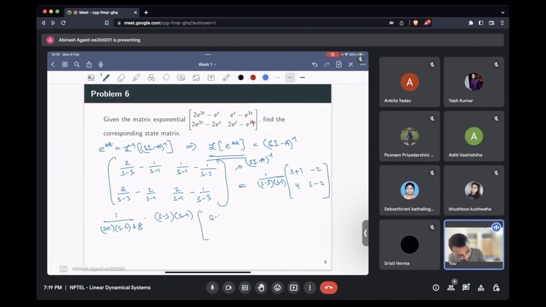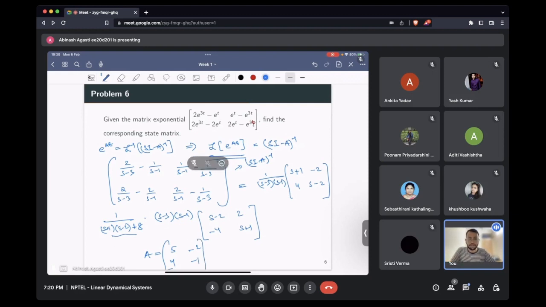Then this is s minus 2, s plus 1, 2 minus 4. Okay, so this is s square. So if you just do all the calculations, in the end, I'll just directly write the answer. Maybe I would have been wrong. Minus 2, minus 1. Okay, this is the A matrix that you'll get.